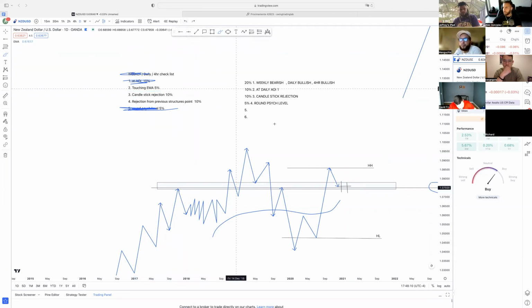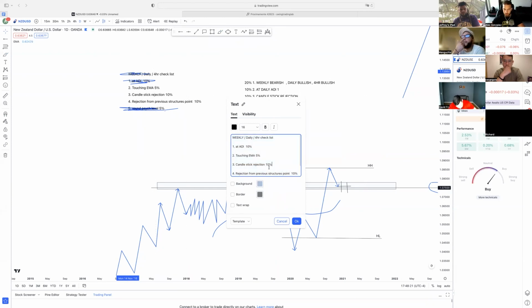So we just go down to the lower time frame, such as the 4 hour, and then we just look to add any one of these three. Just to make it in simple terms, I'm just going to copy this right here.